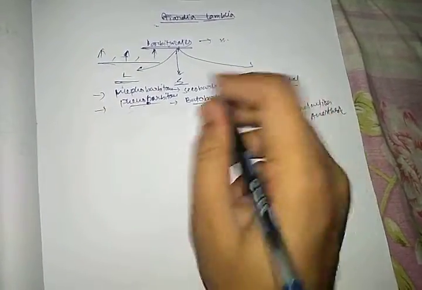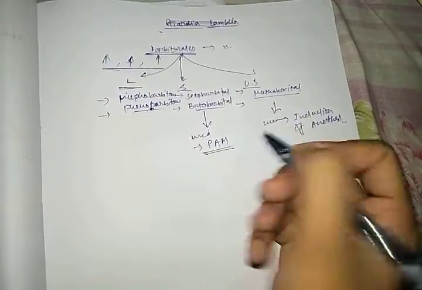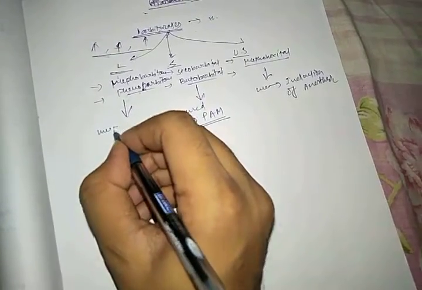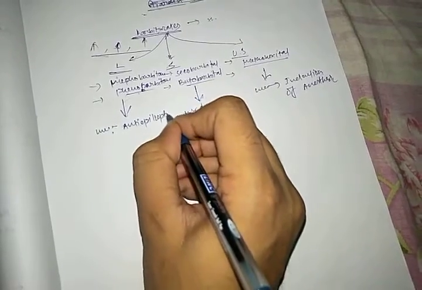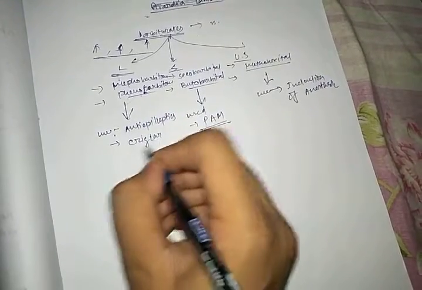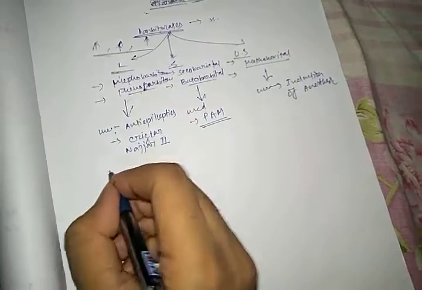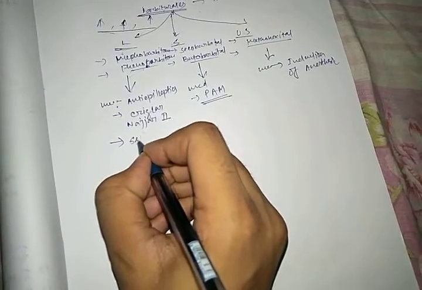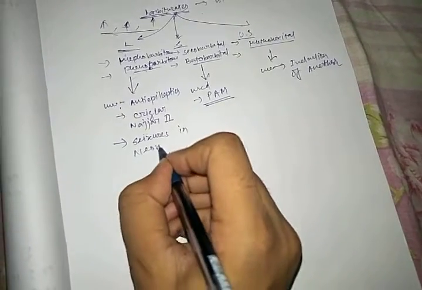The short-acting barbiturates are used as pre-anesthetic medication, and the long-acting drugs are used as anti-epileptics, in Crigler-Najjar type 2 syndrome, and in case of seizures in neonates.